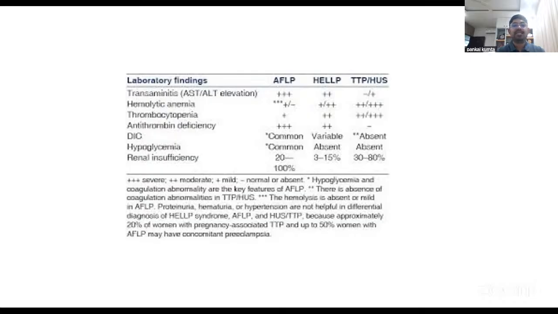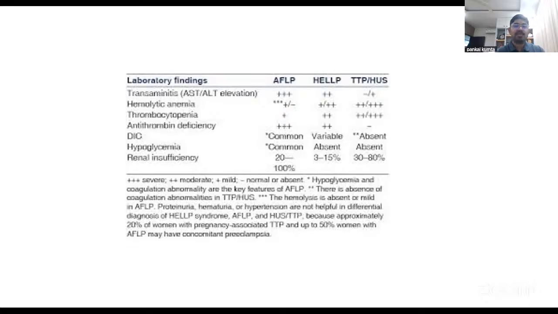Generally, the transaminitis is not so much in TTP or HUS, yet there is much more hemolysis compared to HELP. Thrombocytopenia is seen, but it tends to be much more severe in TTP and HUS. Antithrombin deficiency is generally seen in AFLP and HELP, not so much in TTP. DIC is common in AFLP or HELP, but not so much in TTP or HUS.